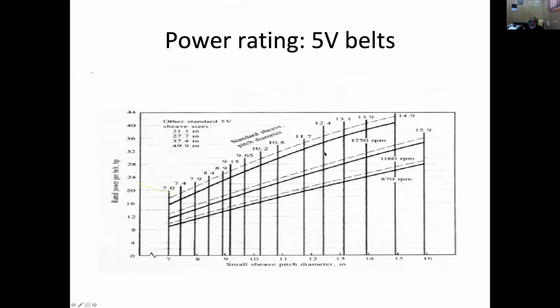What was your belt? 5V belt, isn't it? You selected the 5V type of belt. Now what is your input speed? 1500 RPM, isn't it? What is your small sheave diameter? Smaller sheave diameter is how much?